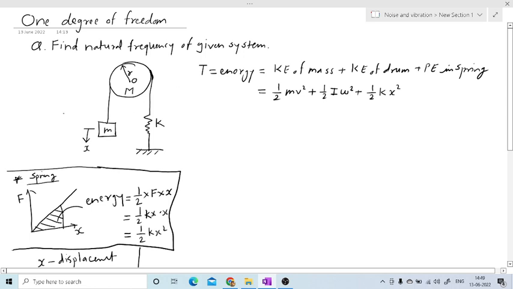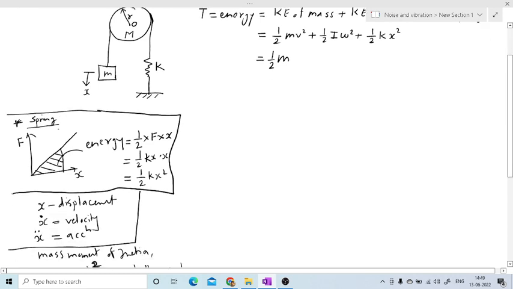Now I am going to modify this equation. In vibration we represent displacement by x. On the left side you can see displacement is represented by x, velocity is dx by dt, the first differentiation of x with respect to time, that is x dot, and acceleration is dv by dt, the second differentiation of displacement.